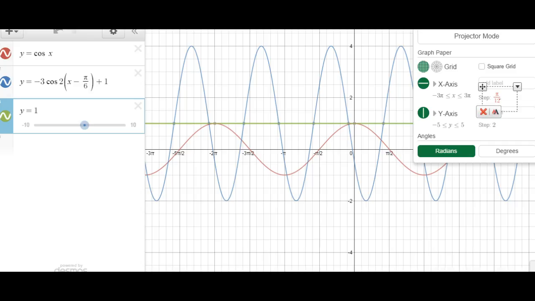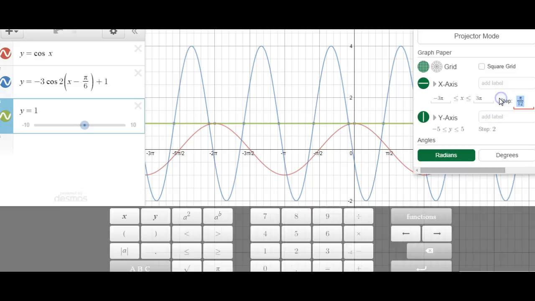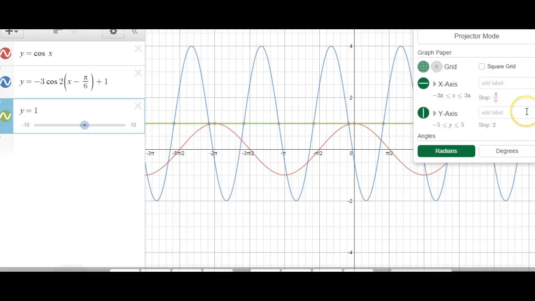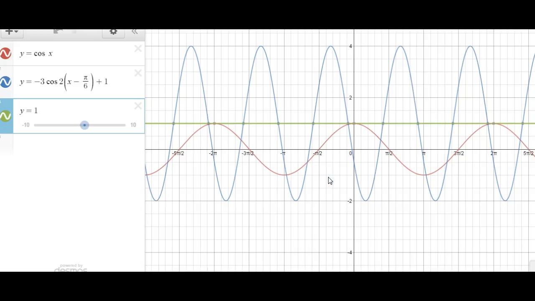Okay, so let's try pi over 6 and see what we get. 1, 2, 3, 4. Okay, I don't think it cares. What? It doesn't? Decimals let you down. Yeah.